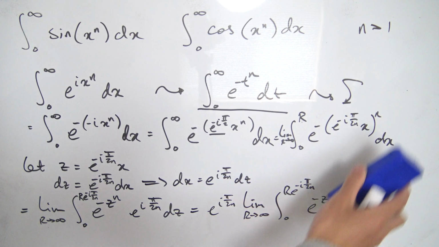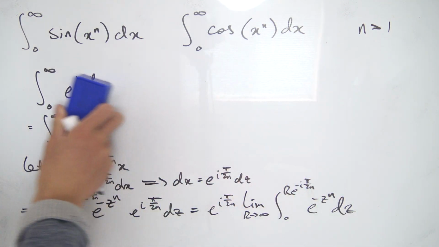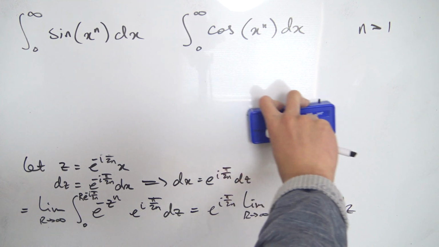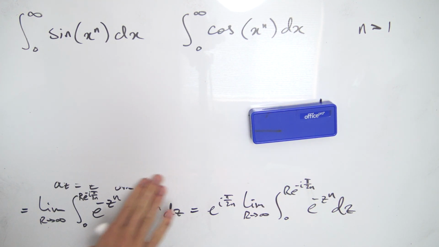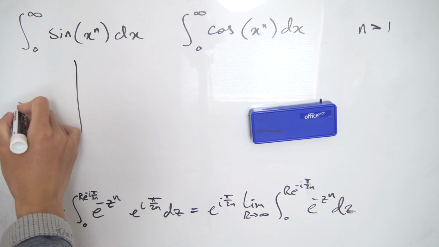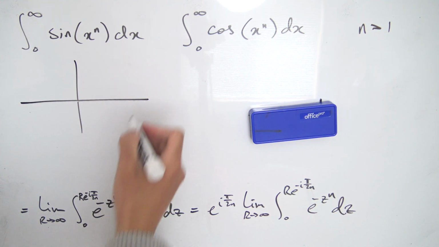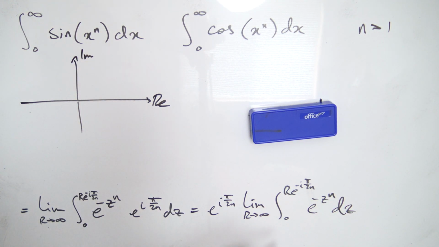And what I want to show now is that it doesn't actually matter what direction you point in the complex plane. You can actually get it to point in just the real axis. So let's get rid of all of this. If we take a look at our complex plane, with the real axis and the imaginary axis, what exactly is this path in the complex plane?